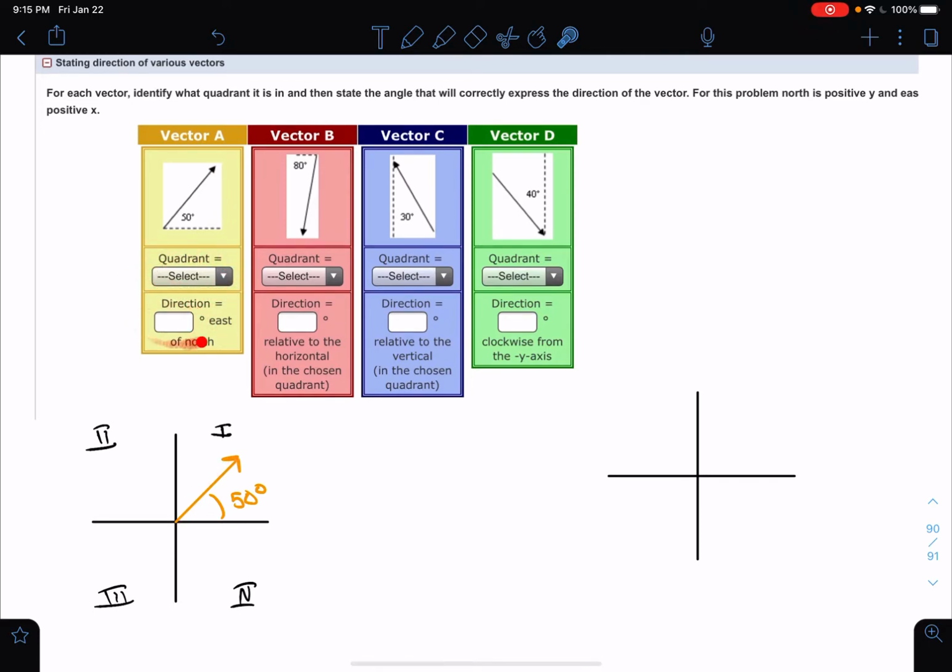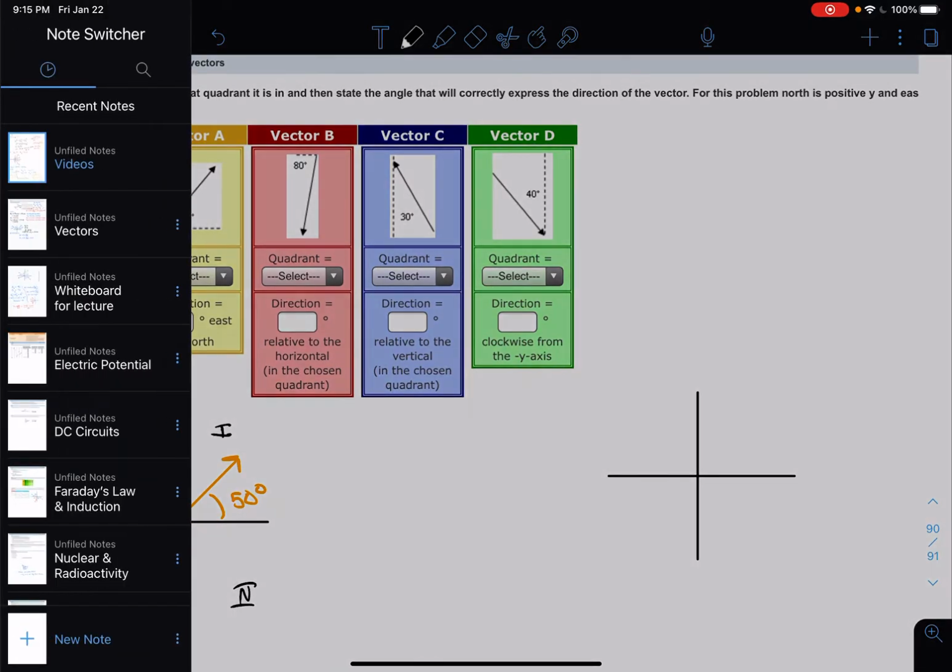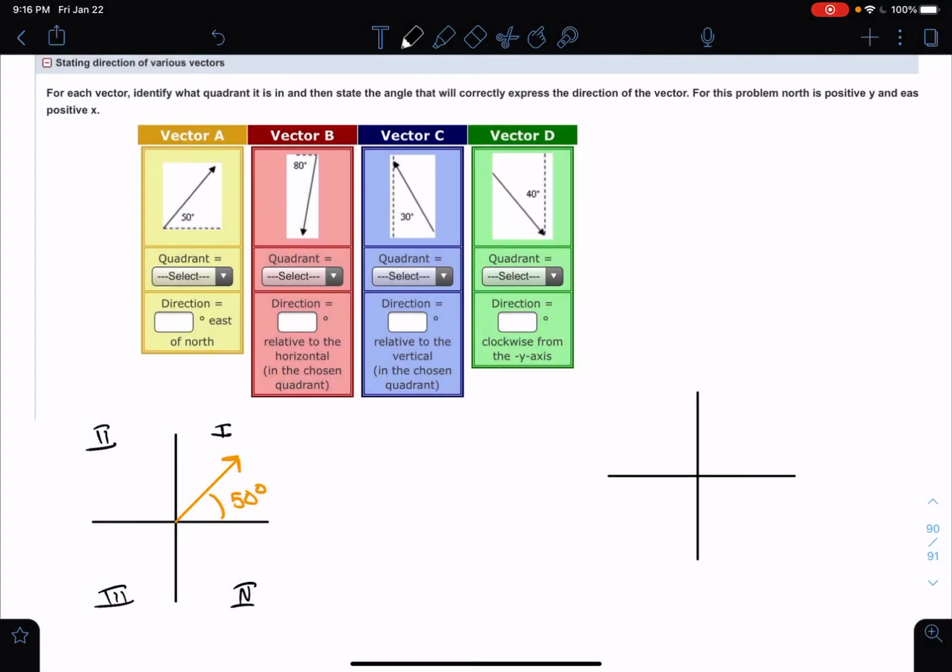Now here it says the direction, we want the angle east of north. Okay, so this is north, this is south, this is east, this is west. So east of north, that means you have some direction of some other direction.